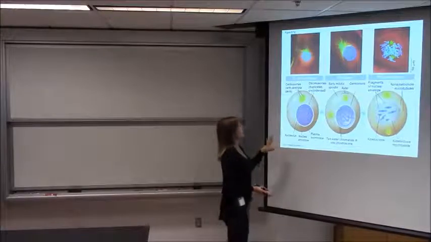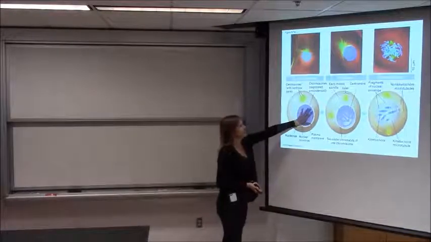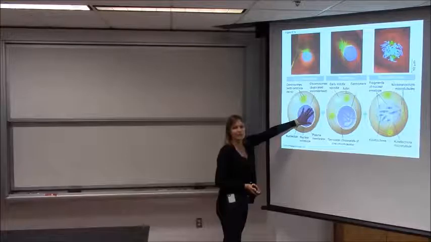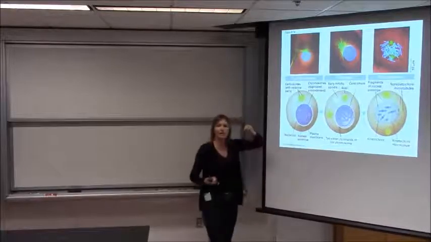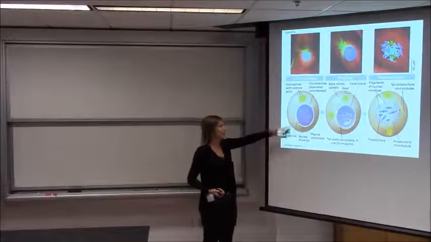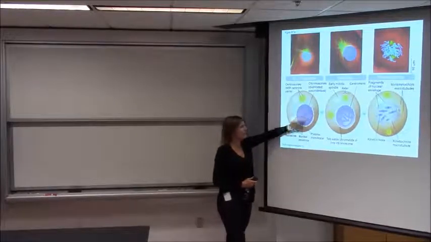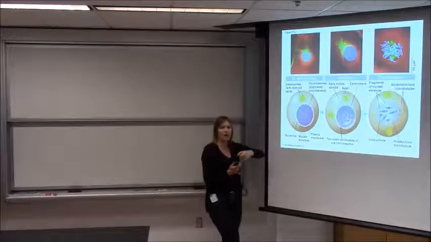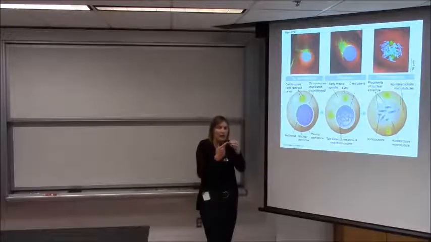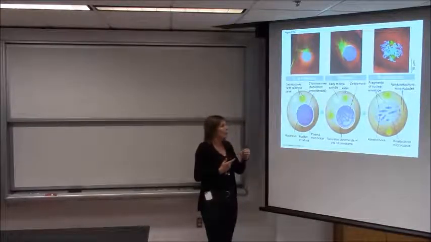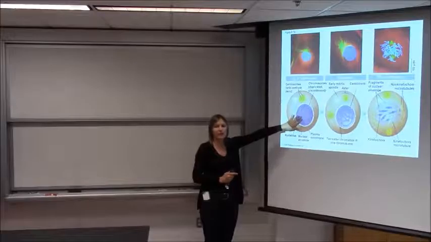But what you should really notice is that in interphase, this is what the nucleus of the cell looks like. The DNA is all stretched out. You can't see individual chromosomes. Why do you think it's a good idea to have this DNA all stretched out and not tightly wound? Well, what is this cell doing mostly during interphase?